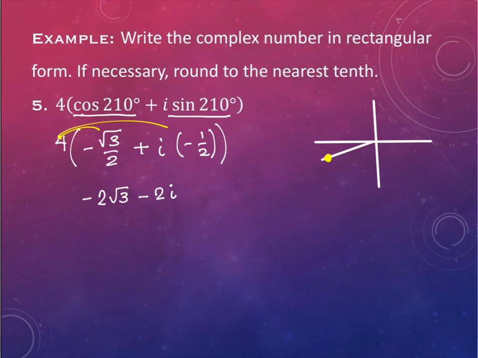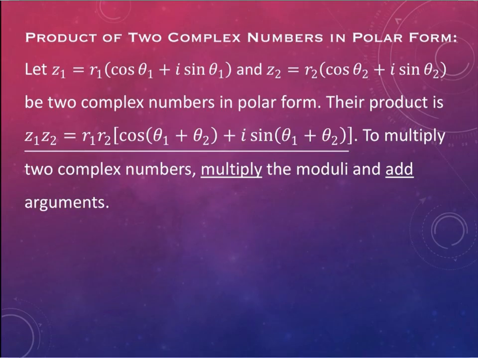Okay, so let's take a look at why it is that we would like to look at this other version of complex numbers. So we're going to take a look at products for an example of that, and then we'll look at quotients and how those work. So if we have the product of two complex numbers in polar form, z1 is r1 cosine theta 1 plus i sine theta 1, and z2 is r2 cosine theta 2 plus i sine theta 2.